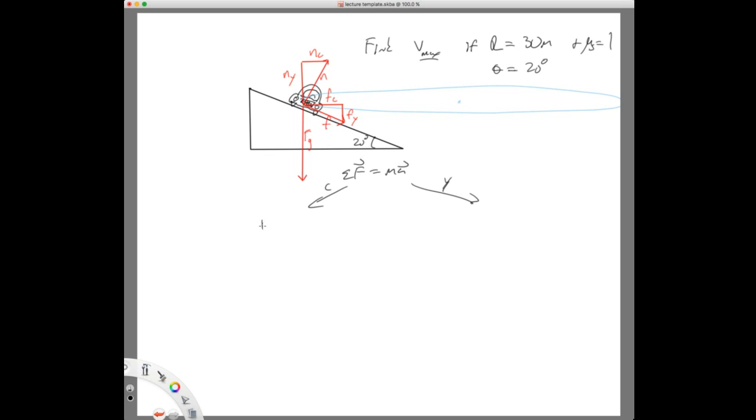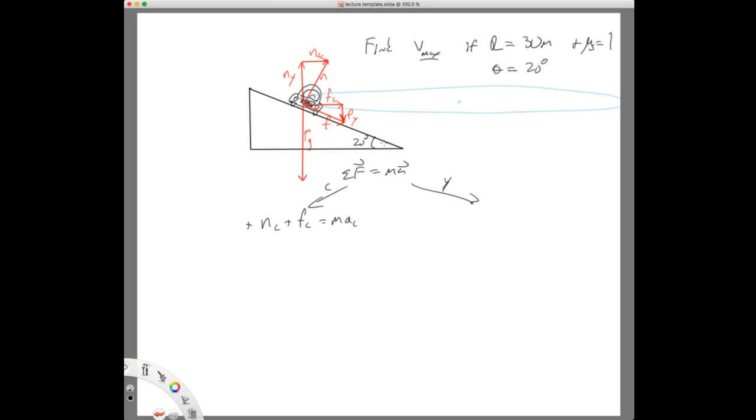And in the centripetal direction, we have n centripetal and friction centripetal, and we have to figure out the signs of these. So the normal force components, the y component points upward, and the c component points toward the center. For the friction, the c component points toward the center, and the y component points downward. So both of the c components point toward the center, so they're both going to get plus signs.